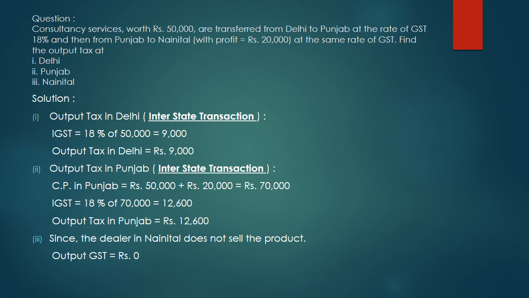So IGST is equal to 18% of rupees 70,000, which is equal to 12,600. So output tax paid in Punjab will be equal to rupees 12,600.